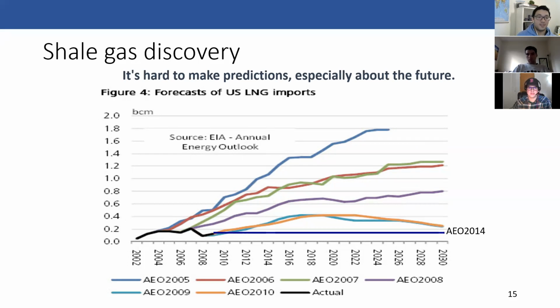So it's awfully hard to make predictions, especially about the future. And so this is one of the central tenets of a lot of these forecast models: you're often going to get it wrong, but there can still be value in understanding the system.